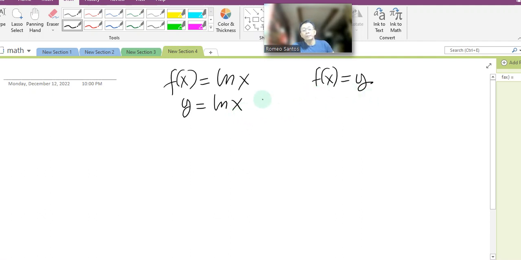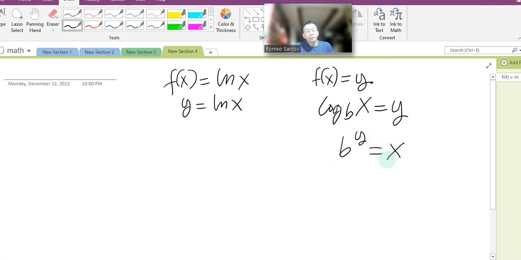But if you want to, you can transform this into exponential form. Remember that the logarithm to the base b of x is equal to y means the base raised to y is equal to x.